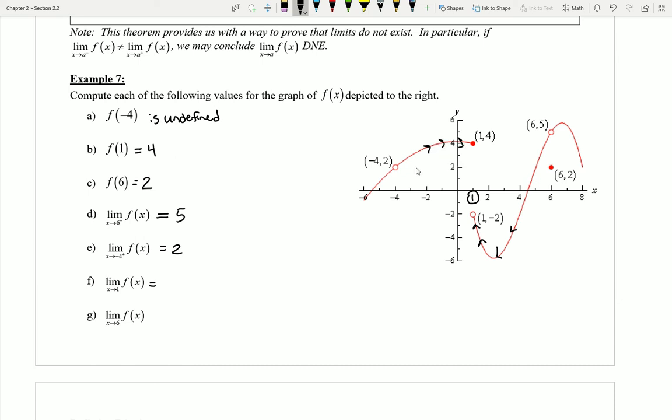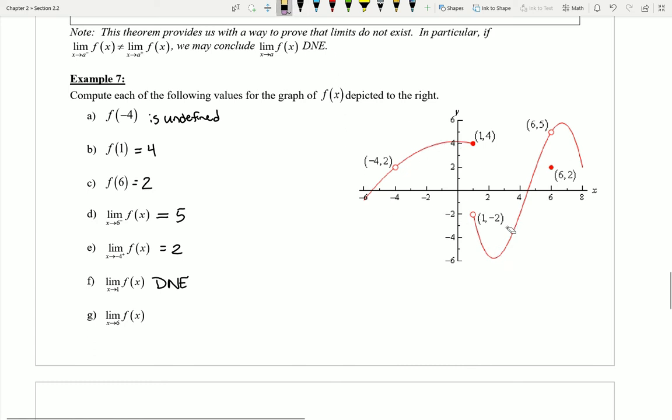Notice I'm starting to the left and also to the right of 1, and I'm going to see where I'm led. If I come this way, I hit the value of 4. And if I come at it this way, I'm being led towards the value of -2. So is there a single value that I approach? No. And so that would tell me that this limit does not exist. There is not one single value that I end up approaching.